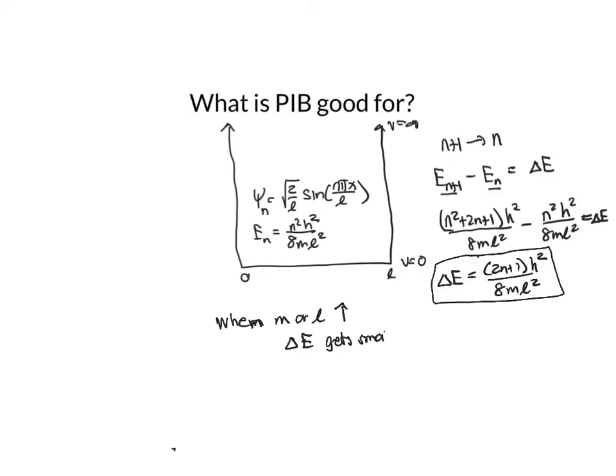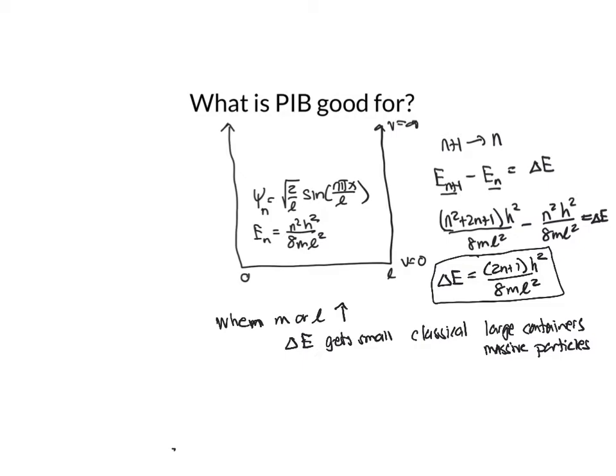So for classical systems, so large containers and massive particles, I never have to worry about the quantization, because my difference in energy levels is really small, and so I can consider this as a continuous distribution of energy levels.